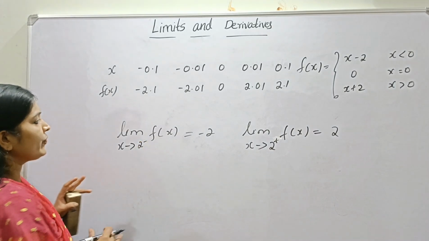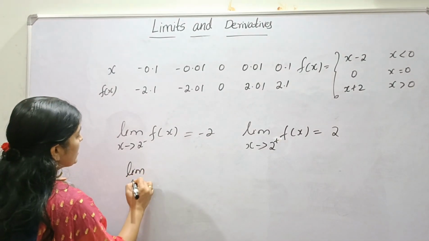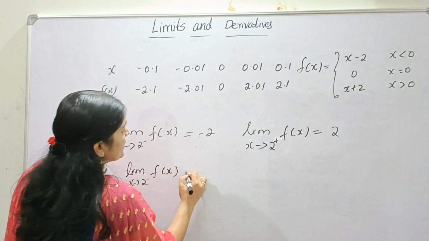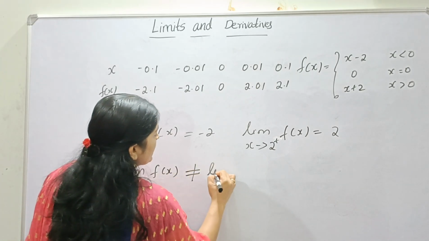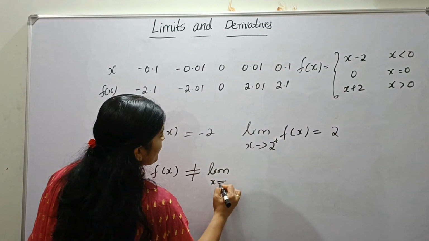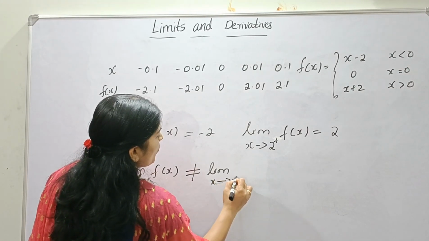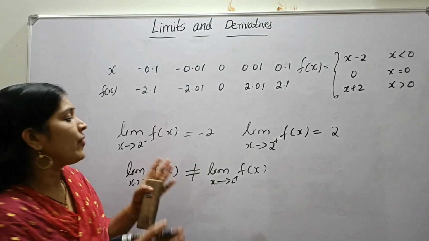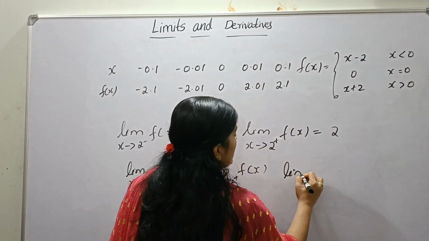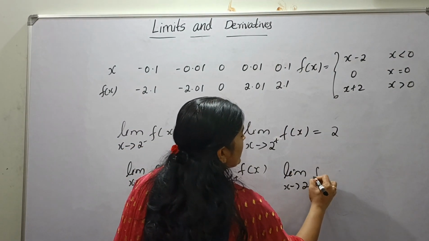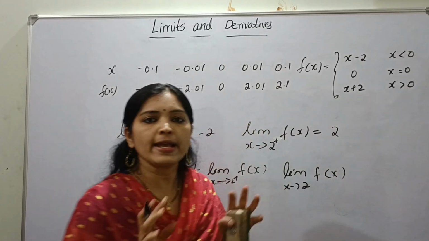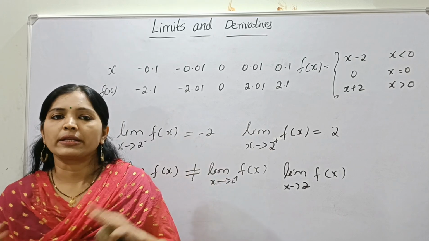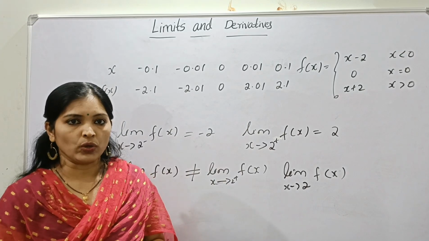So we can write limit x tends to 0 minus f of x does not equal limit x tends to 0 plus f of x. Since they are not equal, we say that the limit of f of x does not exist, because the left hand limit and right hand limit are not equal.